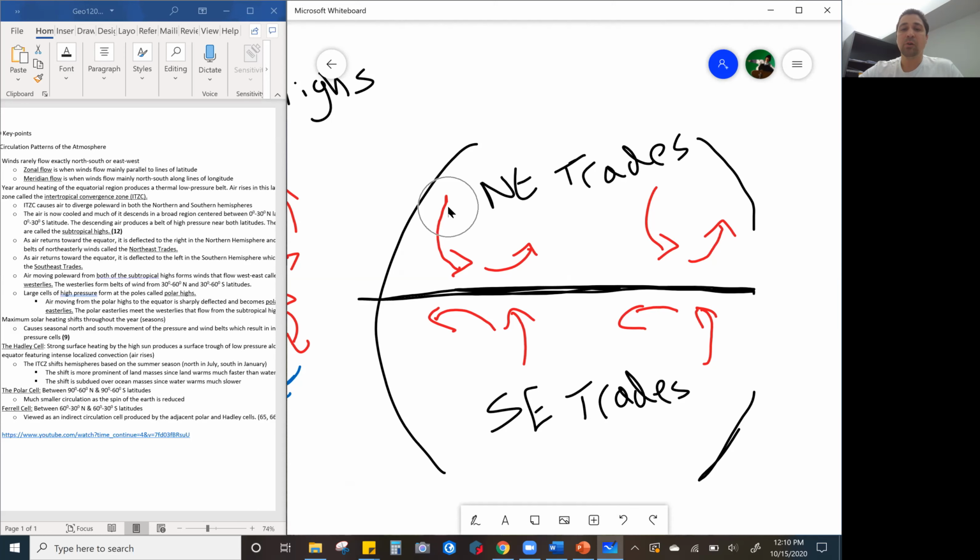So in the north, we go from west to east, and the rotation is counterclockwise. Whereas in the south, no, what am I saying? Anyways, they're both counterclockwise.